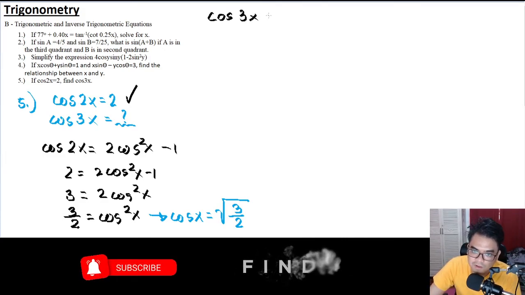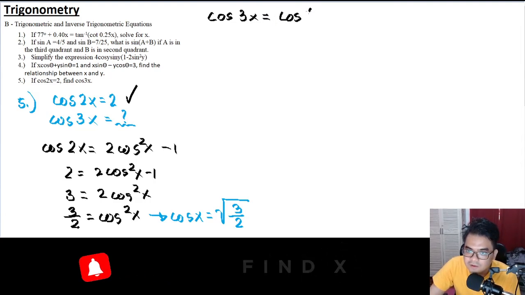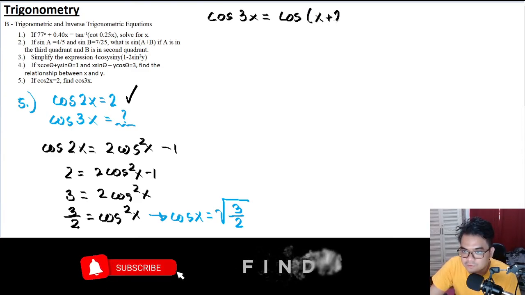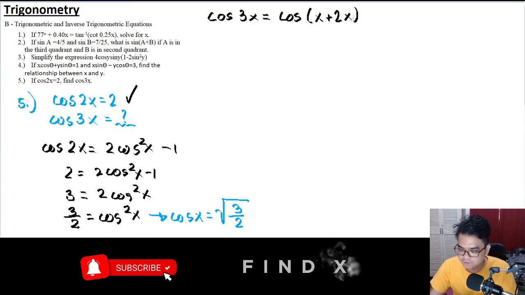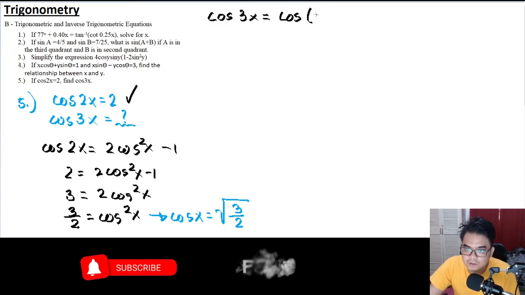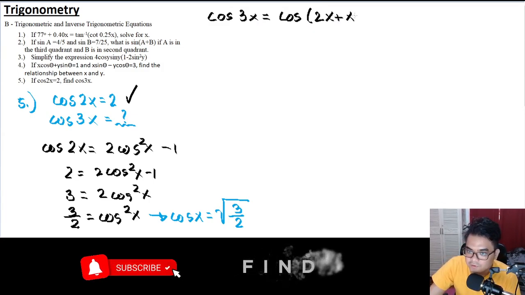Cosine 3x, if you represent this in another way, you can also represent this as cosine of x plus 2x, right? That's just the same. I think it's better if we interchange that, so 2x plus x.